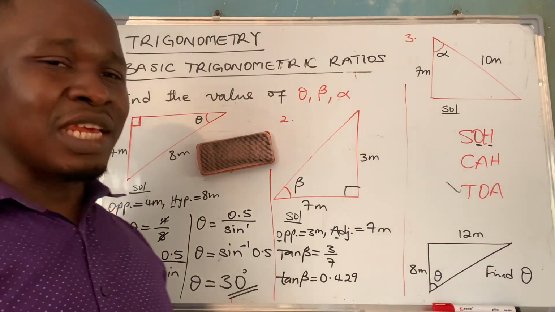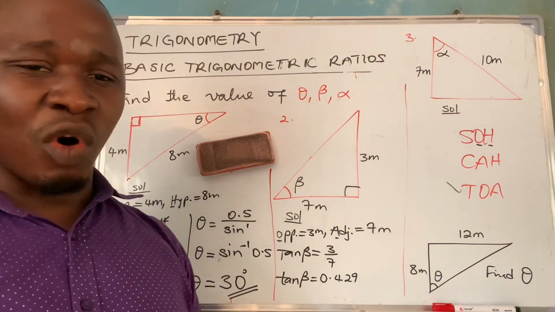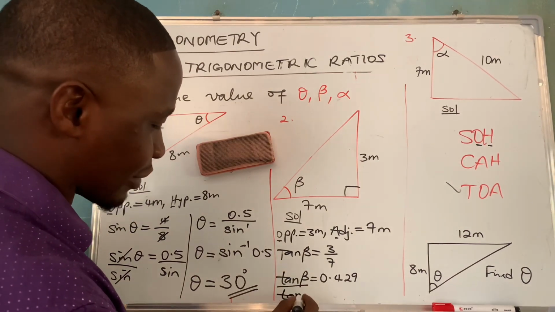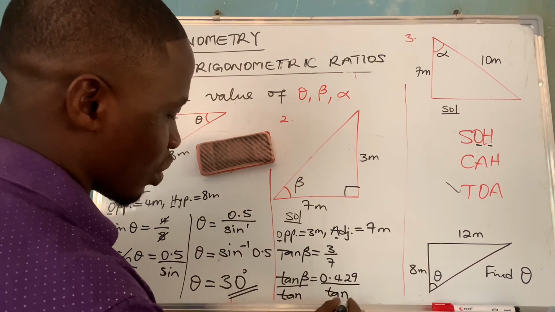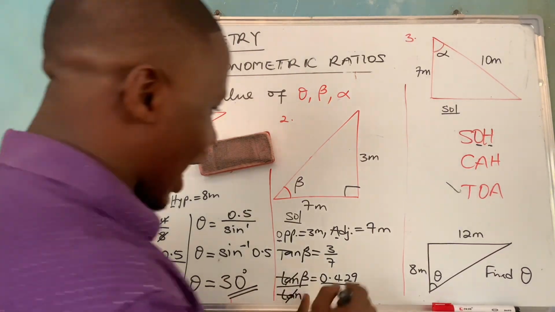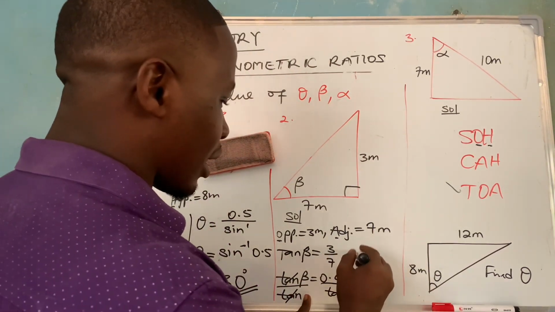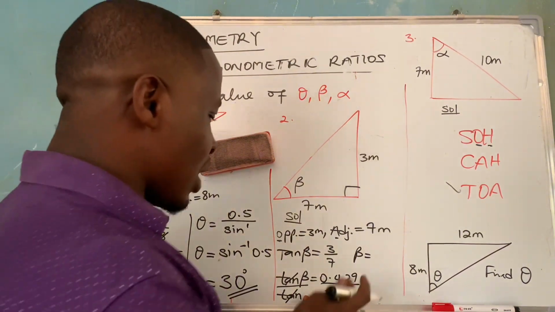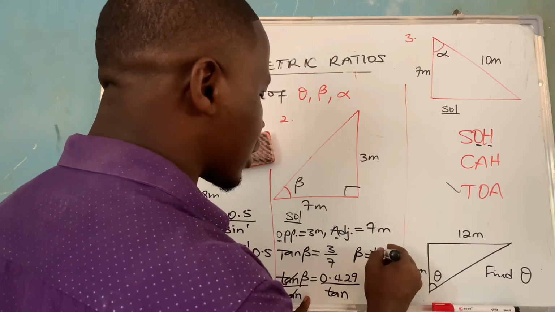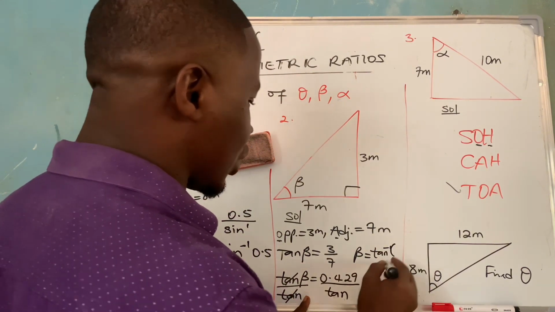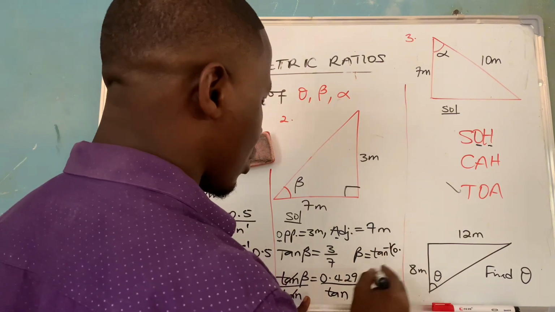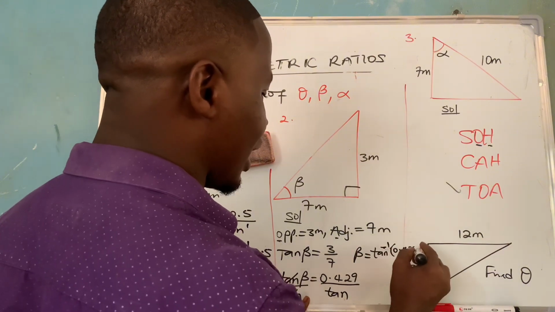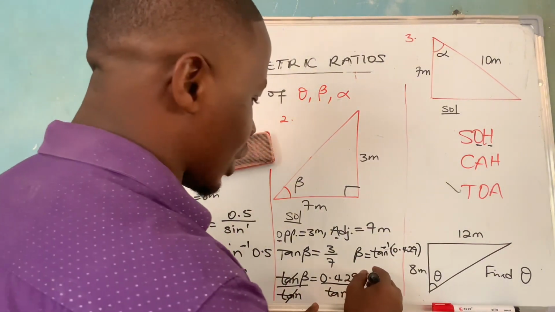But we are not finding tan beta, we are finding just beta. So we divide both sides by tan, so tan goes away with tan. Now we are finding beta, so we say tan inverse of 0.429.